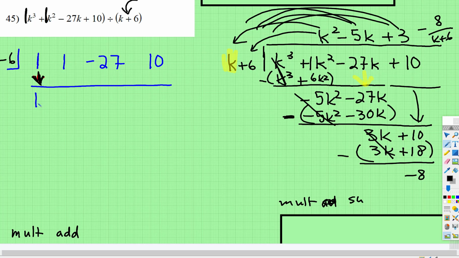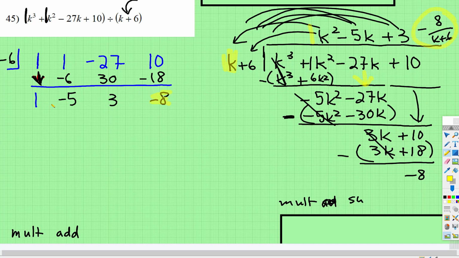So negative 6 times 1 is negative 6, and now add those columns. Negative 6 times negative 5 is 30, add the columns. Negative 6 times 3 is negative 18, add the columns. Now look at what we have up here. We have an invisible 1, we have negative 5, we have positive 3, and then negative 8.